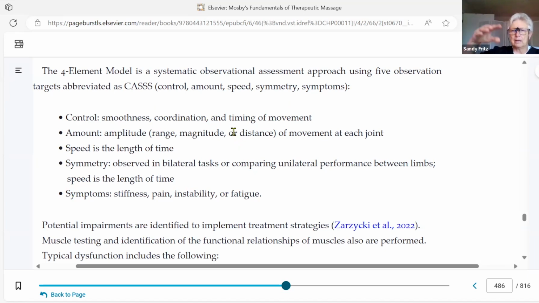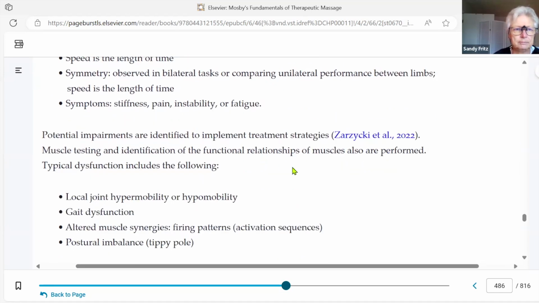How coordinated? Can a person produce just a little bit of a movement, or does it have to be full-blown movement? Symmetry speaks to itself. And then symptoms: stiffness, pain, instability, or fatigue. Sometimes the person will describe it as feeling heavy, and that could be how they're describing fatigue.